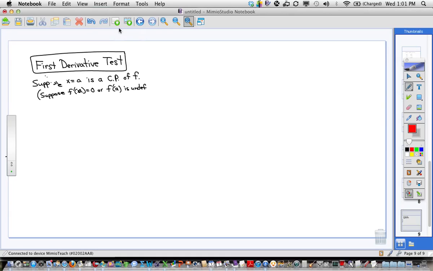Right? Because that's what a critical point is. Now, I think your book just talks about stationary points, but just to be true, suppose x equals a is a critical point of f. It's the same as saying suppose f prime of a is 0, or f prime of a is undefined. All right, so again, the first important element is we identify that it is a critical point.